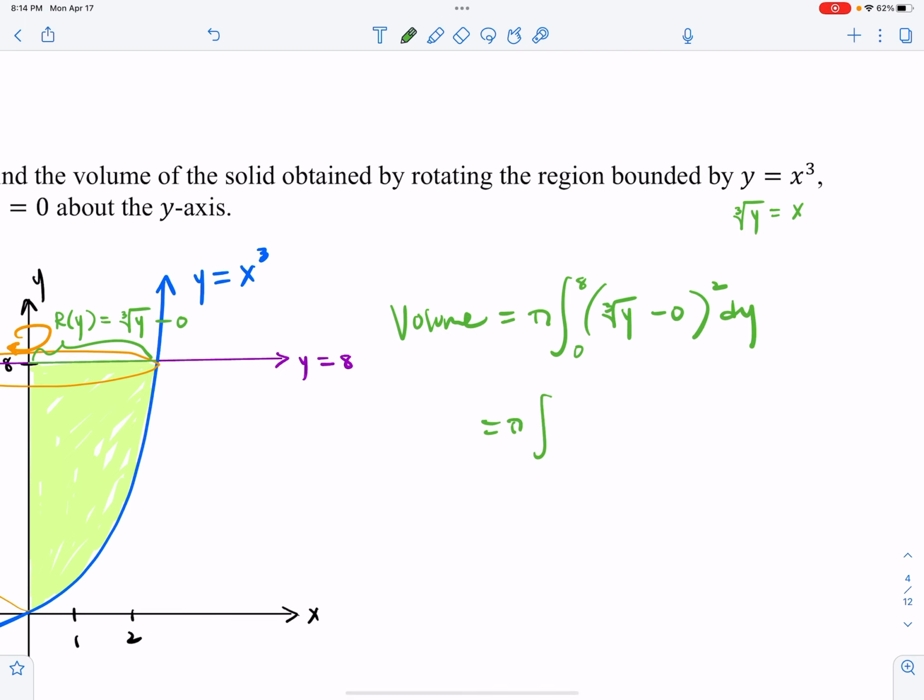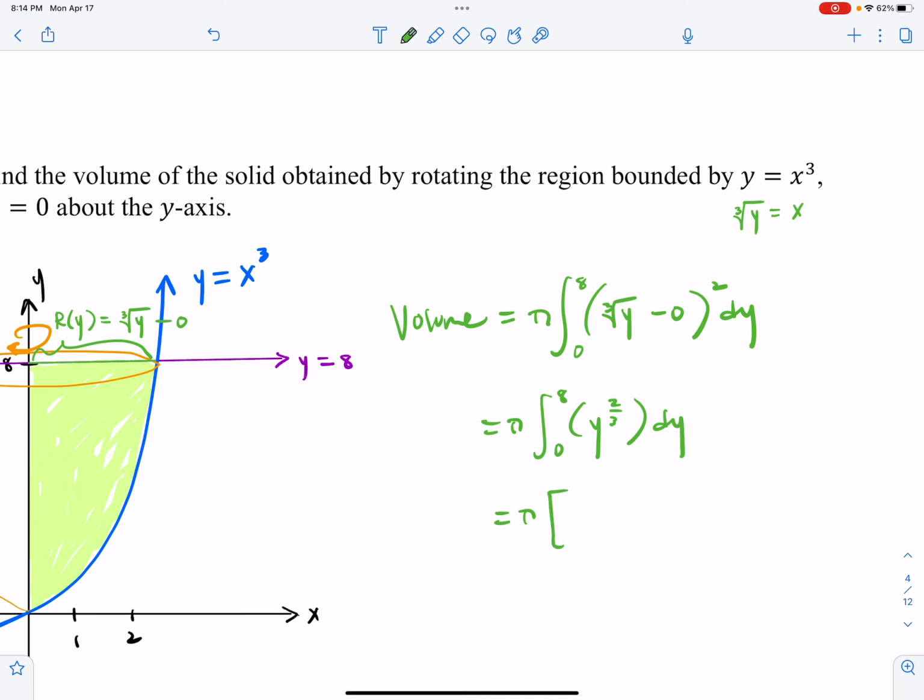Okay, so then that's going to be pi times the integral from 0 to 8 of y to the 2/3 power, when we square the cube root of y, which is y to the 1/3 power, dy.